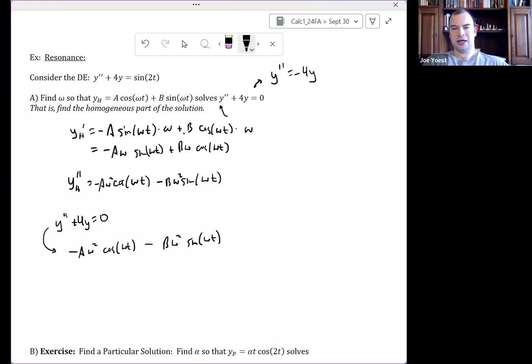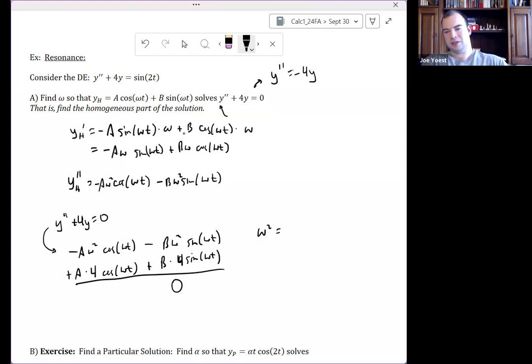And then plus 4y. So that's plus, I'll write it as A times 4 cos omega t plus B times 4, let's say 4 sine omega t. And this has to net out to 0. And we see, of course, that omega squared has to be 4.